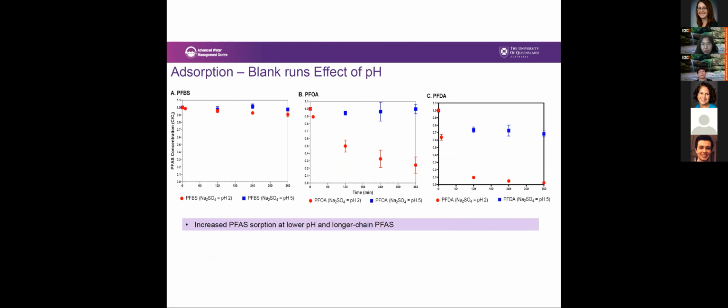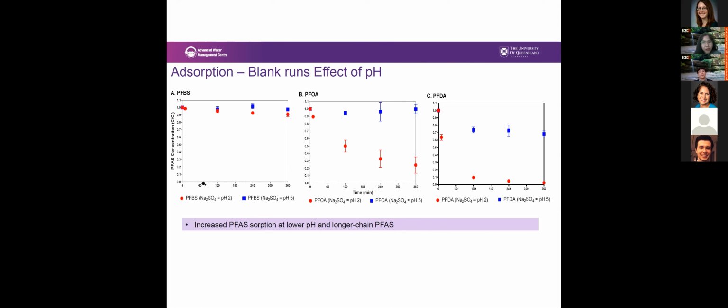So we also investigated how much of the PFAS is being absorbed in our system, just to see whether we are really degrading the PFAS through EO, or whether the majority of the PFAS are just being absorbed in our system. So we did blank runs for some of the PFAS at 2 pH conditions, pH 5, which is represented by the blue data, and pH 2, which is represented by the red data.